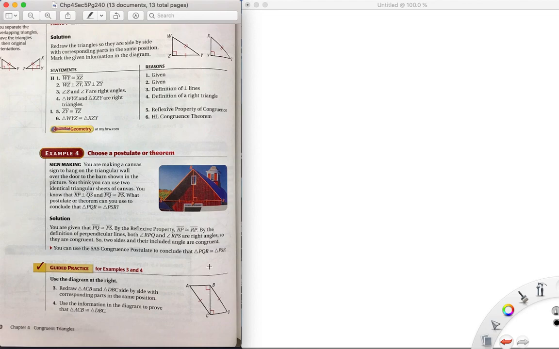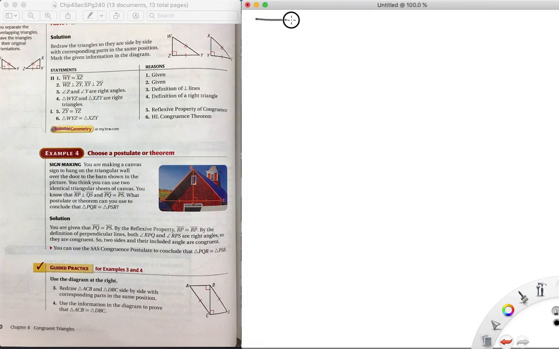Here, the same thing for this guy. We have a triangle that's right. We have another triangle over here.